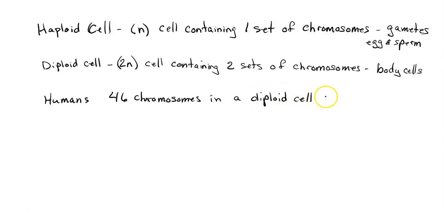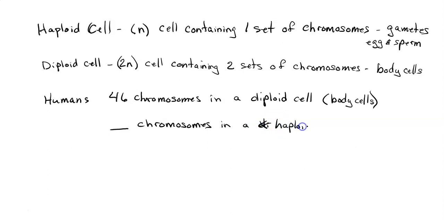So in all of your body cells, there are 46 chromosomes. So how many chromosomes in humans in a haploid cell? You're right, there are 23.